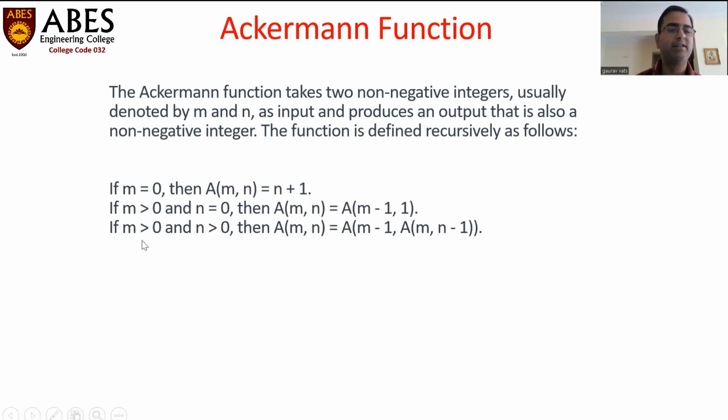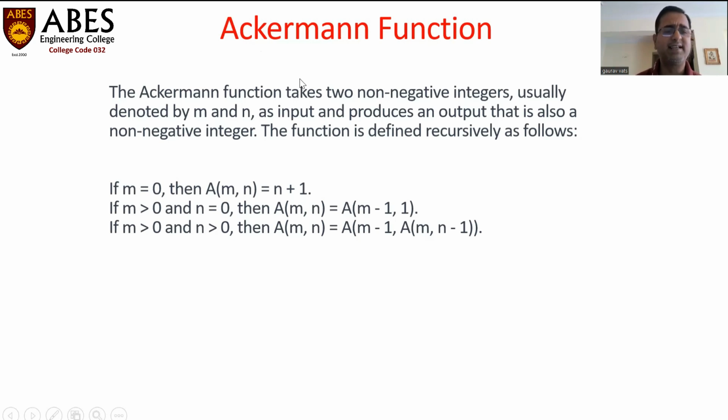And in the third condition, if both arguments, m and n, are not 0, meaning greater than 0, and remember this is a non-negative integer so it can't be less than 0, then the function will result in A(m minus 1, A(m, n minus 1)). Well, these are the three conditions for the Ackermann function.